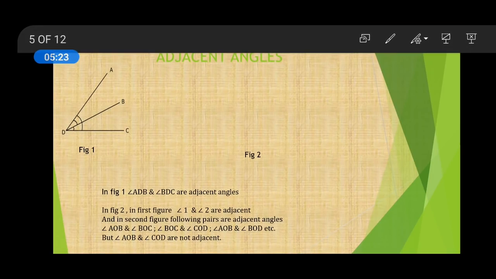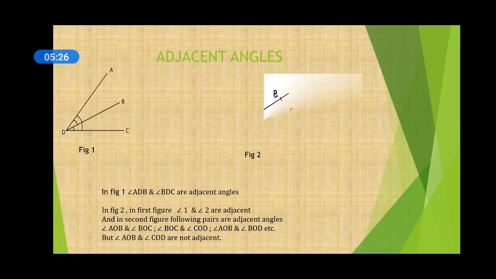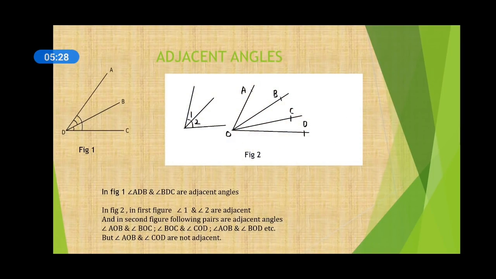Now look at figure 2. There are two figures given here. Angles 1 and 2 are forming adjacent angles, and in the second figure, angle AOB and angle BOC, they are forming a linear pair. BOC and COD are forming a linear pair. So are these all forming a linear pair?